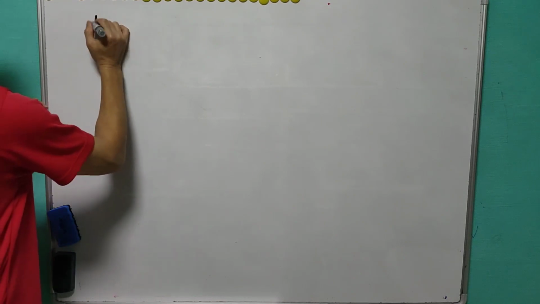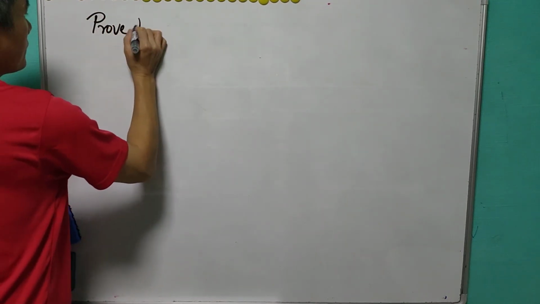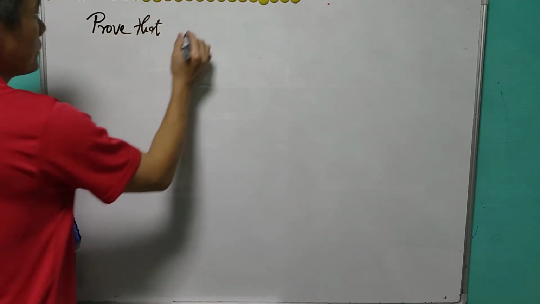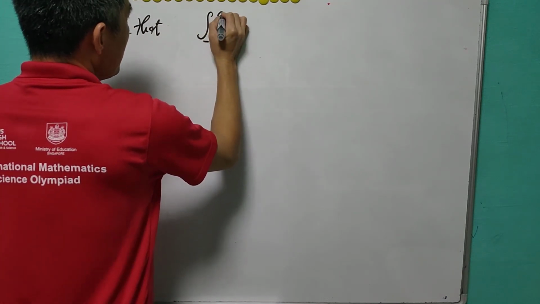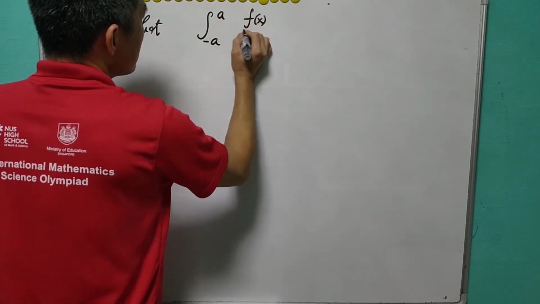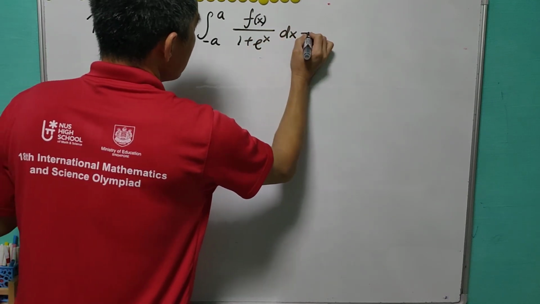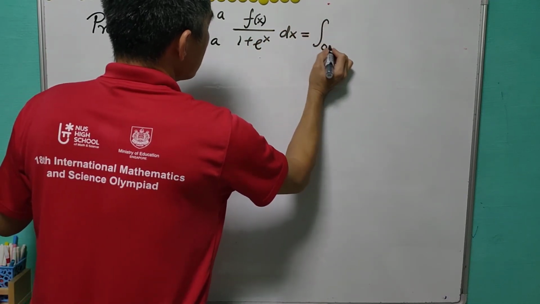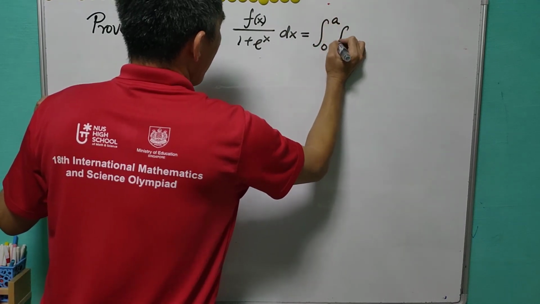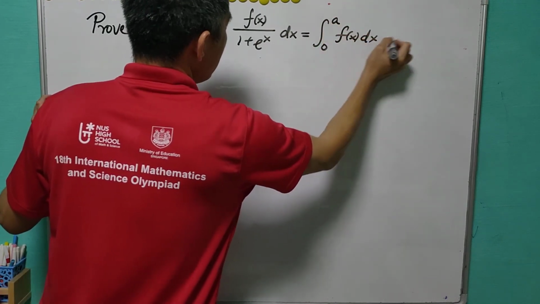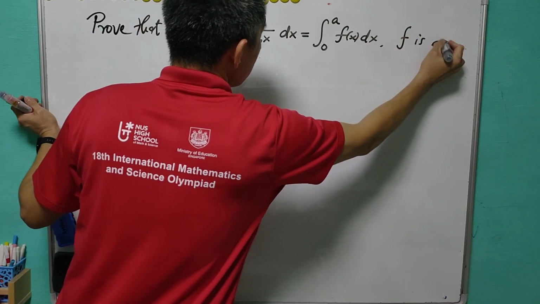Now we can have a similar question, and we are going to prove that the integral from negative a to a of f(x) over 1 plus e^x dx is equal to the integral from 0 to a of f(x) dx if f is an even function.